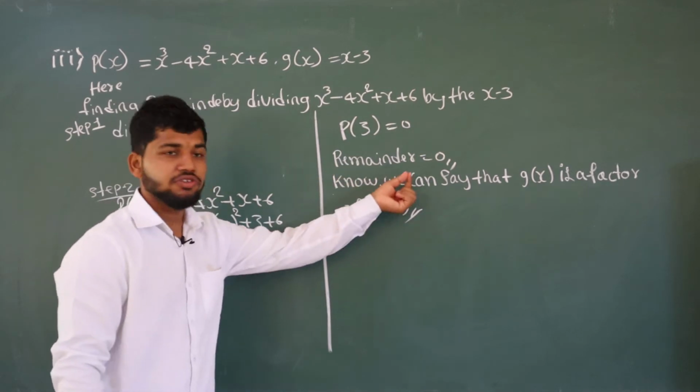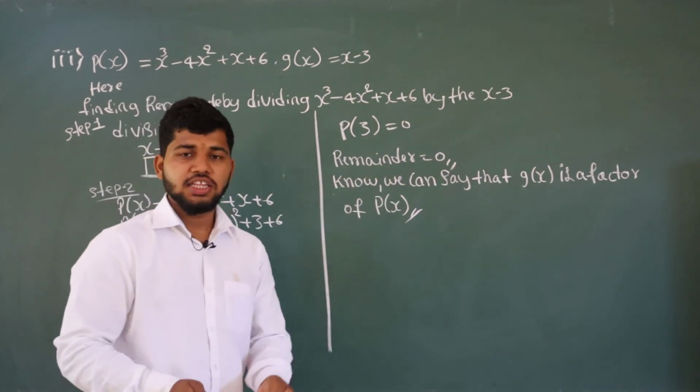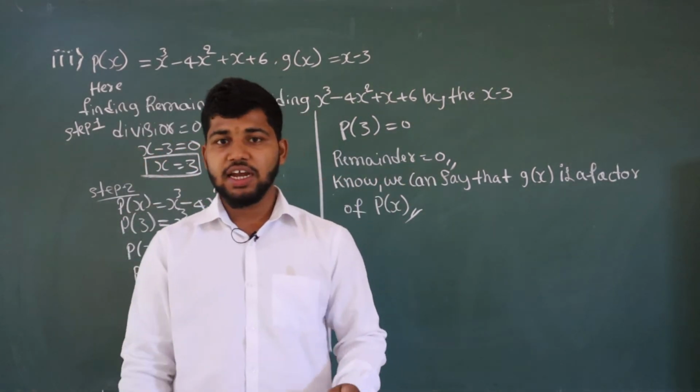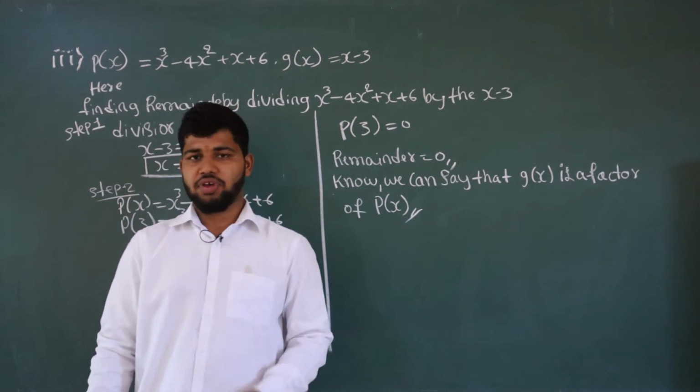Now we are getting the remainder equal to 0. If you get the remainder exactly equal to 0, we can say that g of x is a factor of p of x.